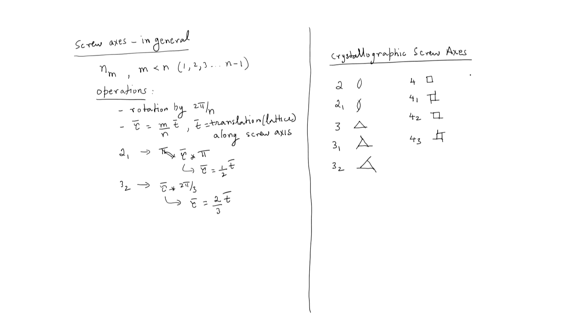Then coming to 6-fold, how many screw axes are we going to have in the 6-fold? Well, as we said, in general the screw axis is n sub m, where m can take up values from 1 to n minus 1. In this case, the subscript m can take up values from 1 to 5.